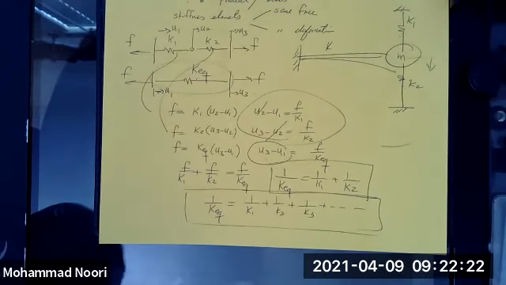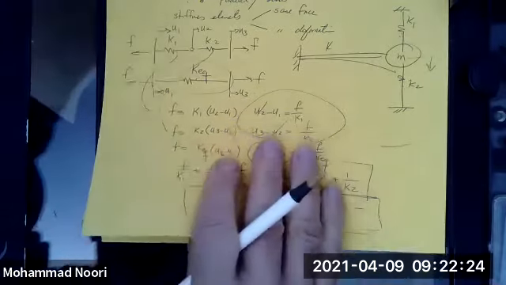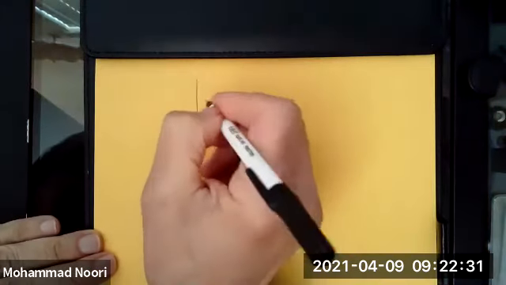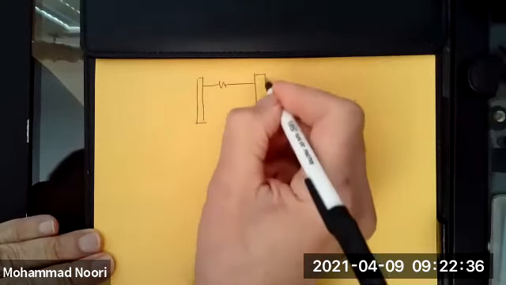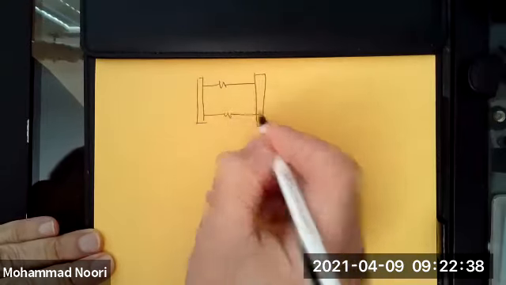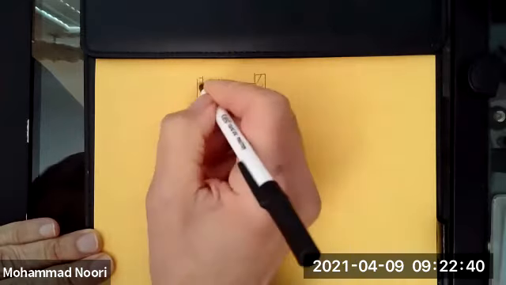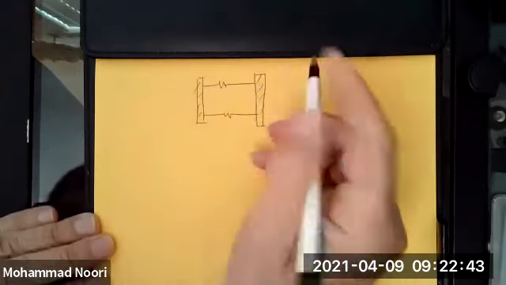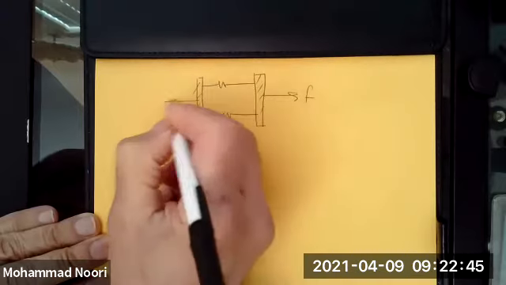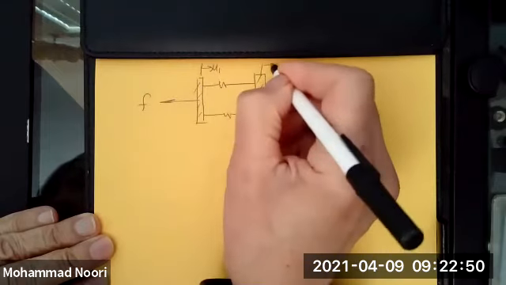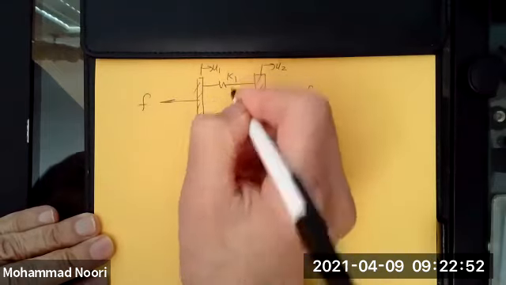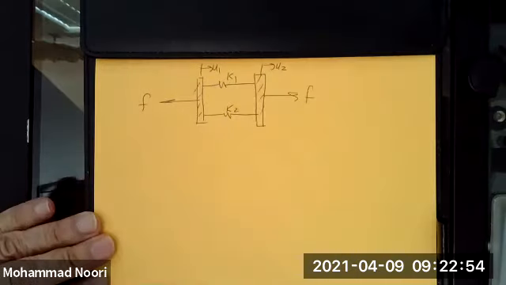Now, what happens if instead the springs experience the same displacement? Let's say you have two springs, I would start with two springs, that are constrained such that when you have this force applied, they experience the same displacement.